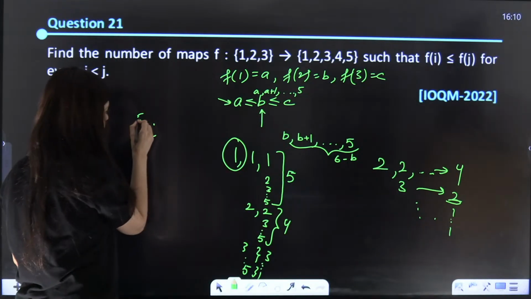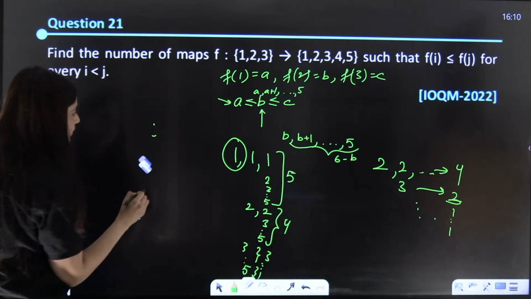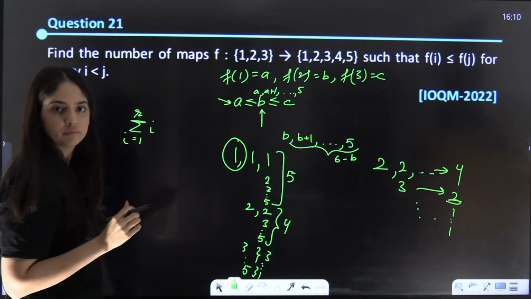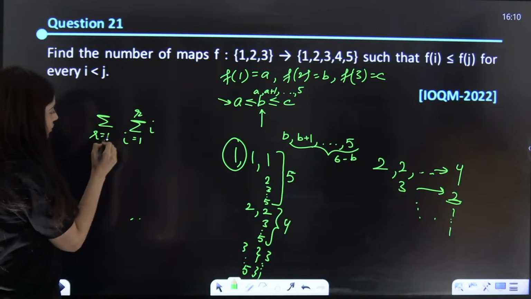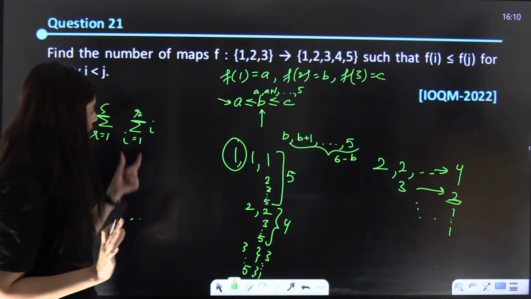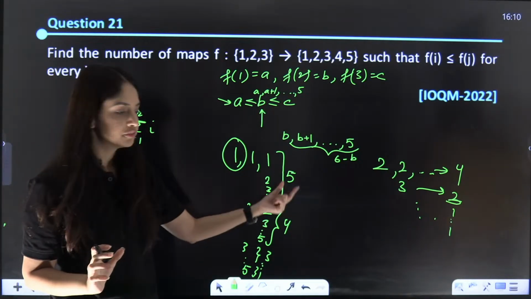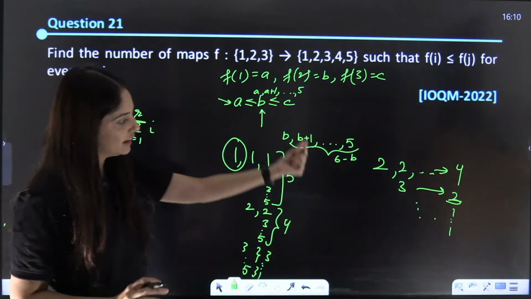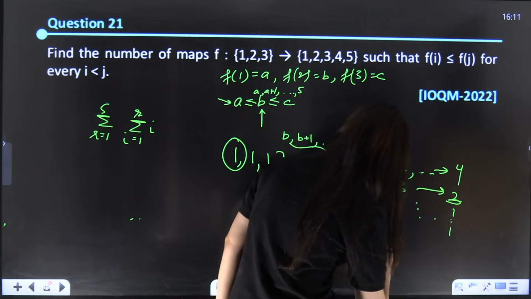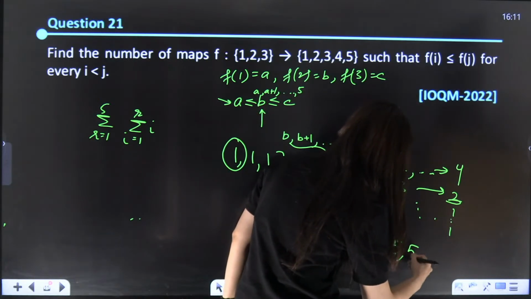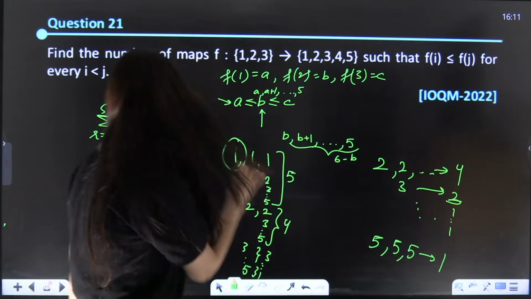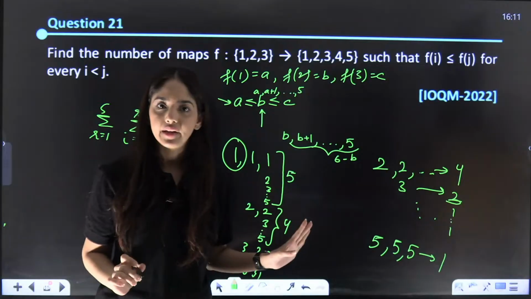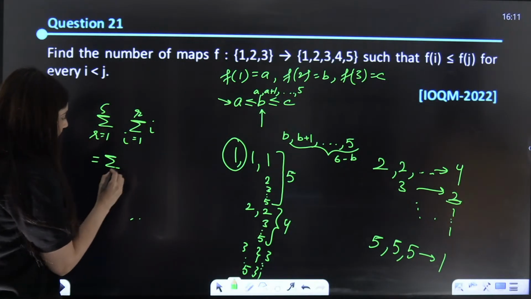So basically we are doing sigma i goes from 1 to R, and R can go from 1 to 5. This is the sum we are doing, because we're taking the sum 5, 4, 3, 2, 1. That will be when R is 5. Then the last one will be when A is 5. Then B and C have to be 5, and in that case we only have one option. So when R is 1, then i will go from 1 to 1, and that is what we are adding. So this is what we are solving, and now it's just simple.